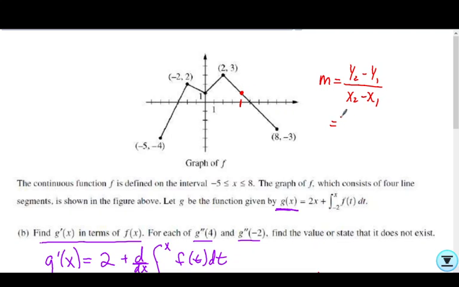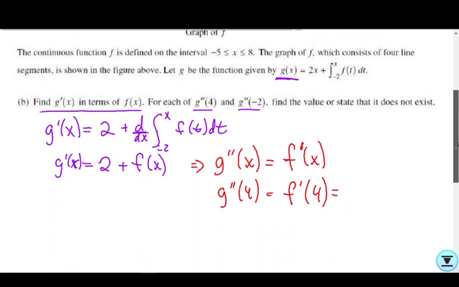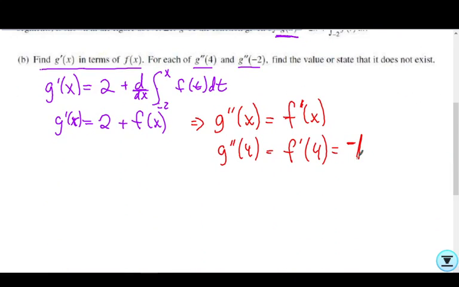So we get negative 3 minus 3 over 2 minus 8, which ends up being negative 6 over 6. Oh, I did this wrong. This is positive 3. So it would be positive 6 over negative 6, which is negative 1. So this is negative 1.